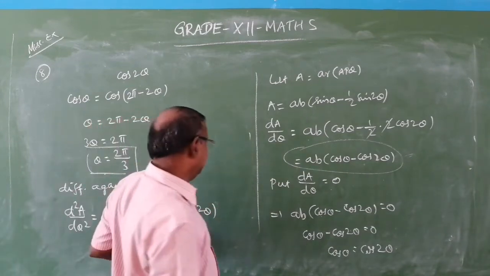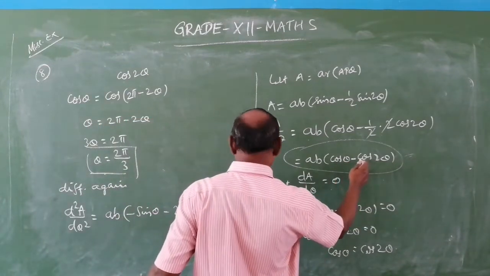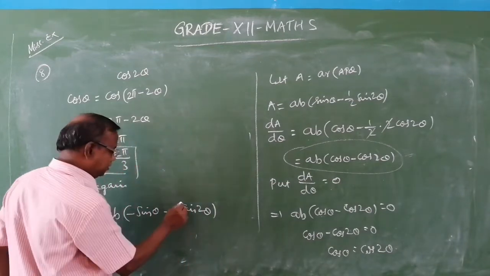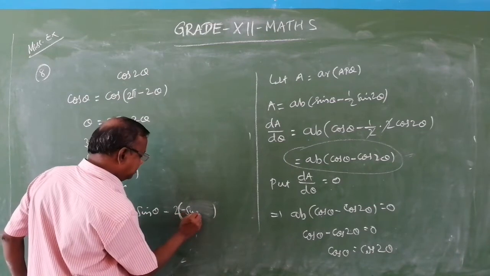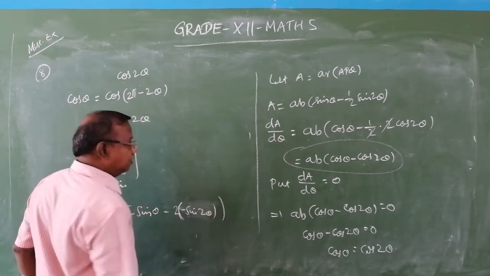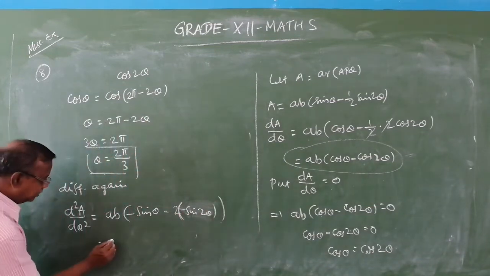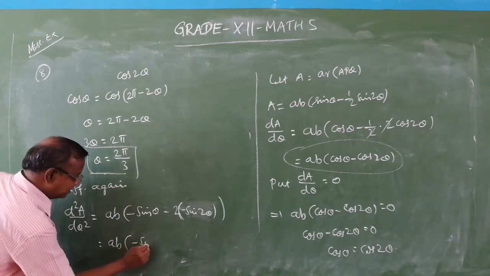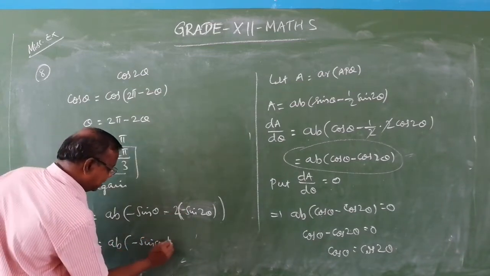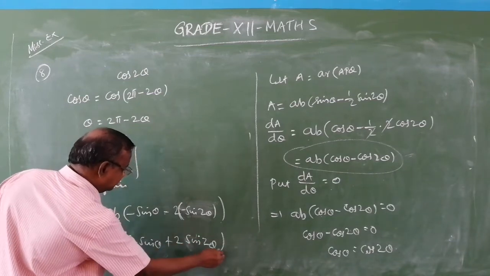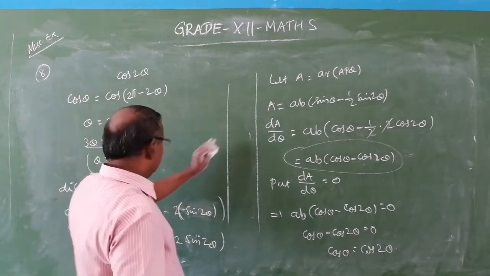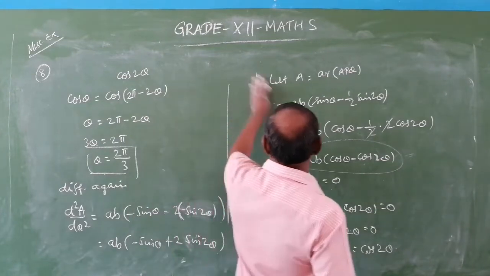It is minus sin theta minus 2 sin 2 theta, which is equal to AB into minus sin theta minus 2 sin 2 theta. Now substitute the value of theta.